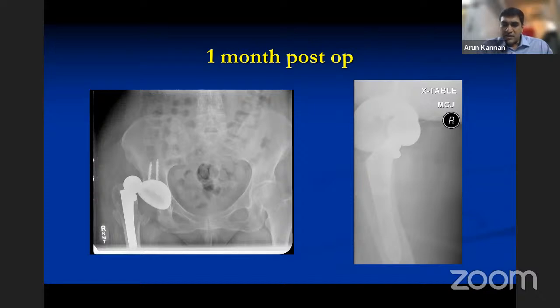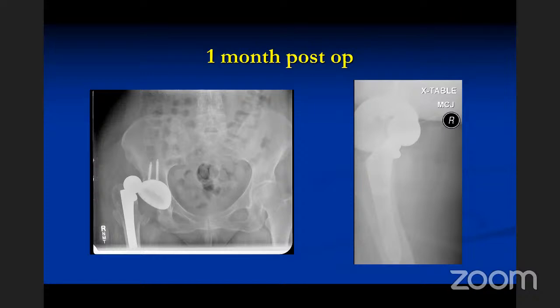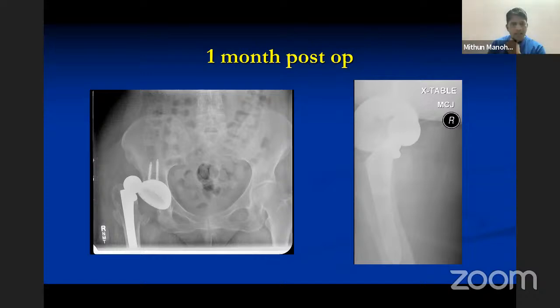Maybe I'll take the panel on whether they find anything abnormal in this and what they would like to do here. Mithun, if you can probably set the ball rolling. Yes, sir. It's an early post-operative dislocation.